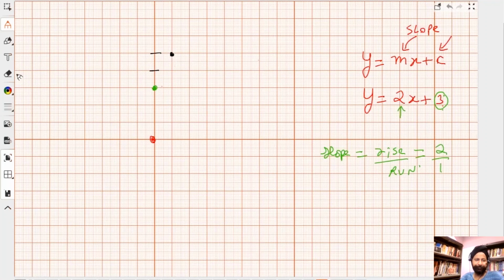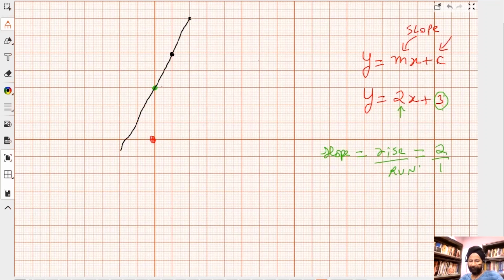So we come here. Please see here. I have run 1 step and I have risen 2 steps. Same thing goes on. I run 1 step, run is horizontal, rise is vertical, and rise up. And this is the equation of your line. This is the graph of your line. Has everybody understood? y is equal to mx plus c.